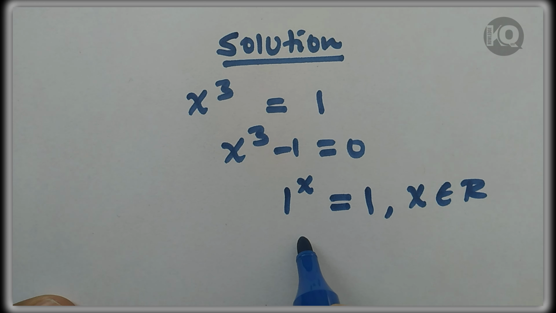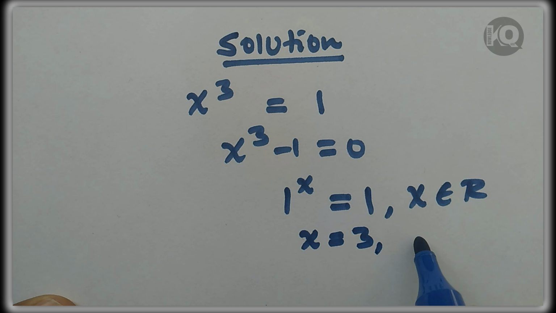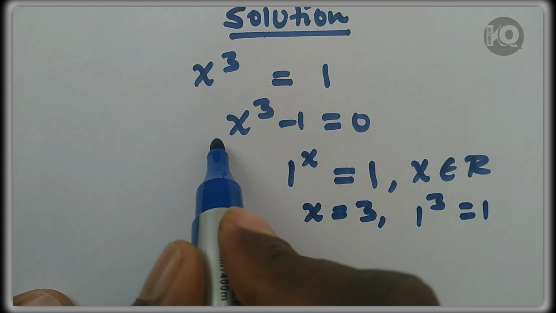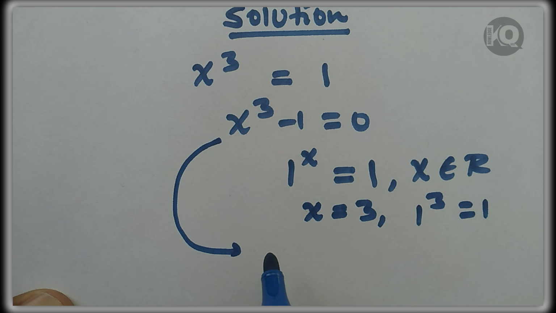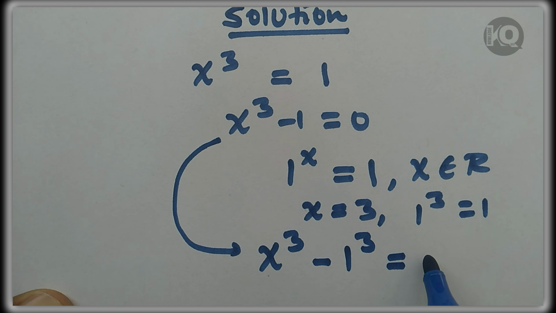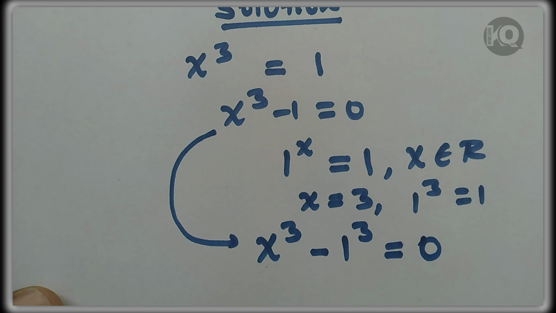So if x is, let's take, if x is equal to 3, then 1 to the power of 3 is 1. So we can express this as x cubed minus 1 cubed, which is equal to 0.